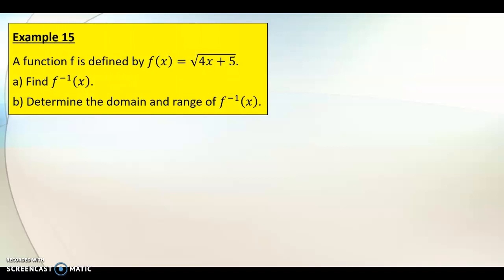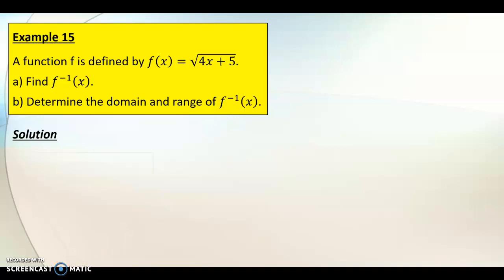Now take a look at the next example. The function f is defined by f(x) is equal to the square root of 4x plus 5. First find the inverse function of f, and then determine the domain and range of the inverse function.